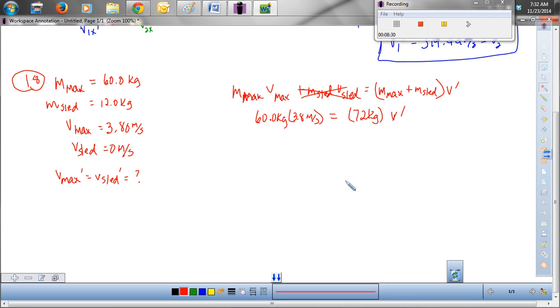So 60 times 3.8 is 228, so I was right, 228 kilogram meters per second divided by 72. 72 just plain old kilograms gives me V prime. So divide that lovely answer by 72, and we get 3.17.